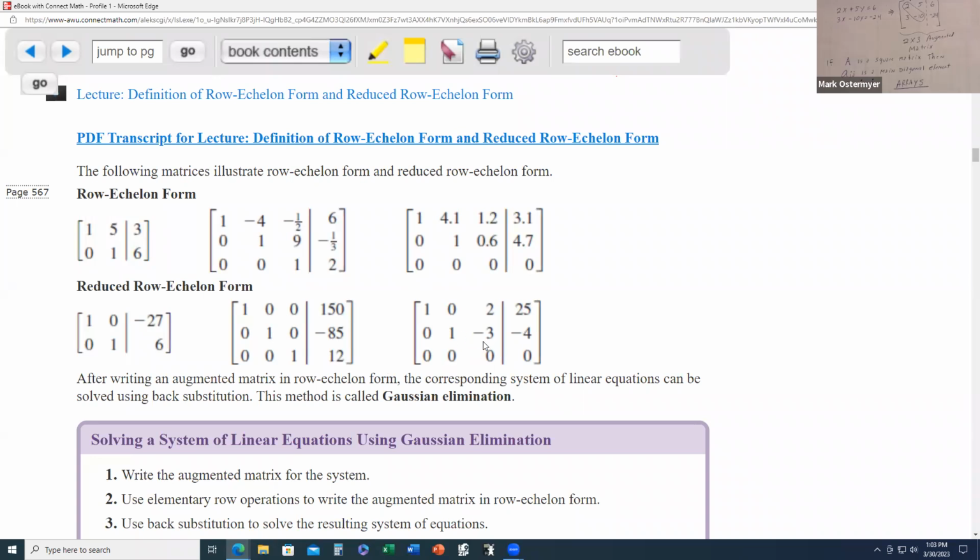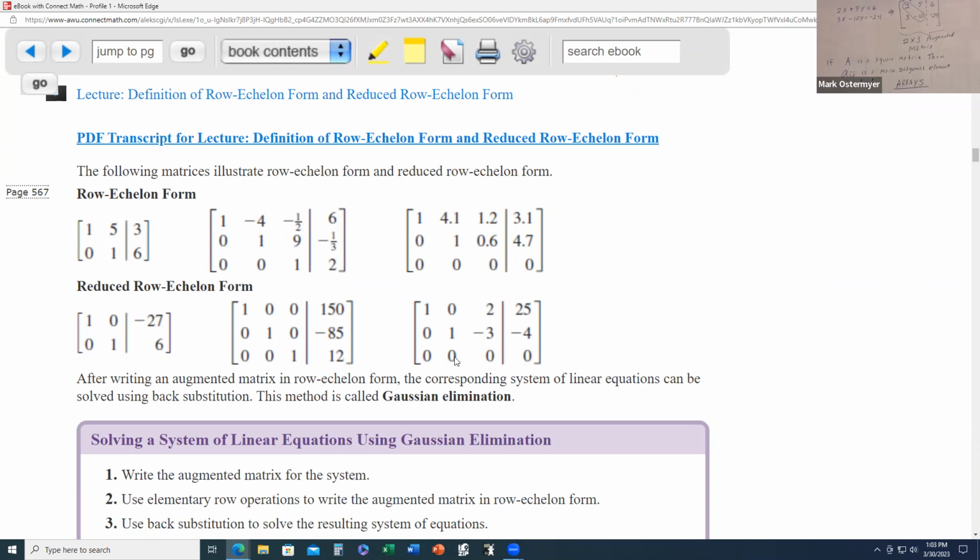This matrix here technically is in reduced row echelon form. Notice above the 1 in row 2, we have a 0. But why don't we have zeros in the third column above this 0 as the 3-3 entry? Well, because this is not a non-zero entry.